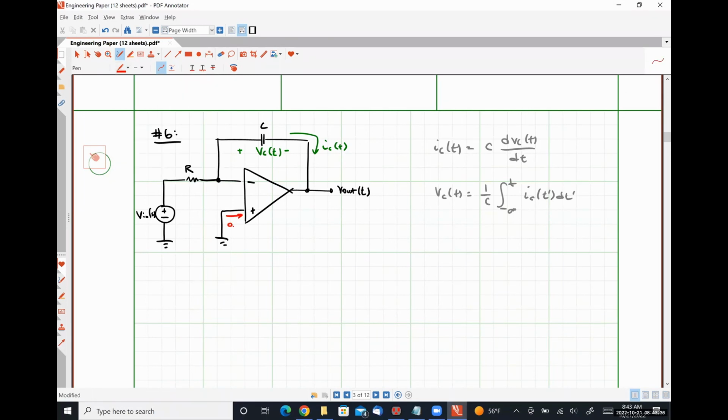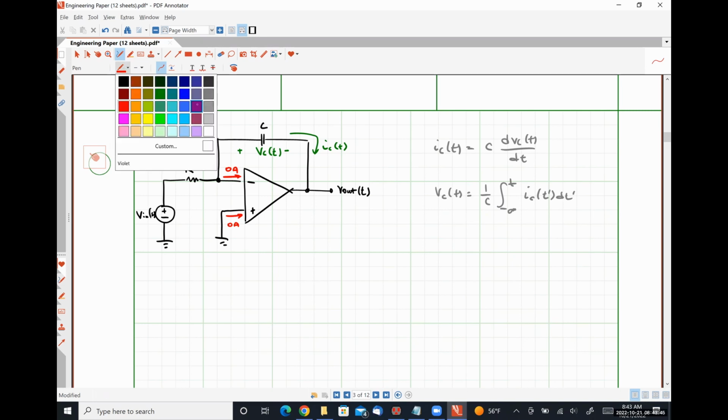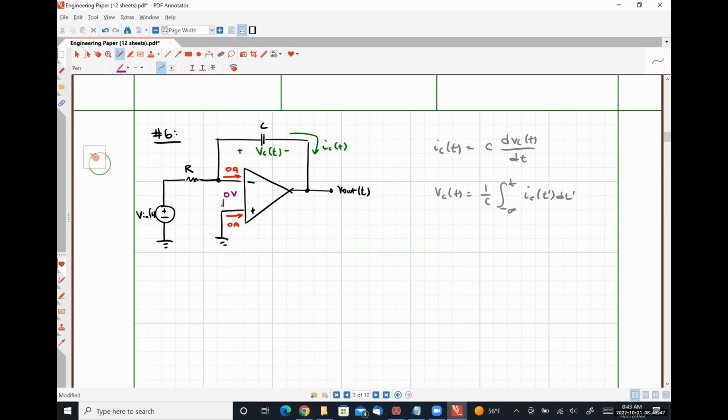So as always, we are going to start by saying that there is no current flowing into the input terminals of our op amp. By inspection, we can see that there is no voltage at the non-inverting input terminal because it's connected directly to ground. Applying op amp rule number 2, there is also no voltage present at the inverting input terminal.